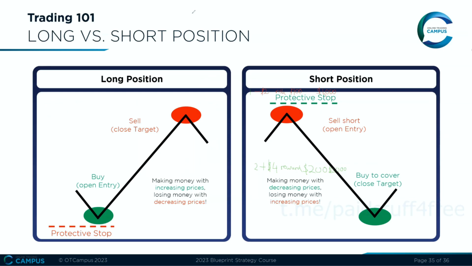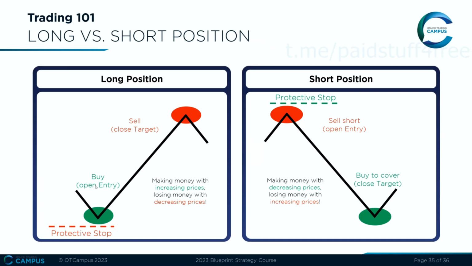I need to remove the drawings. Here you see the summary of long versus short wrapped up in one window. Buying is making money with increasing prices, and we're losing money with decreasing prices, of course, right?